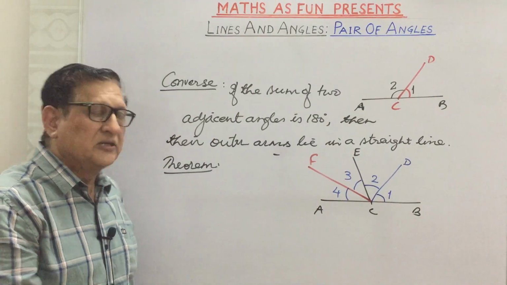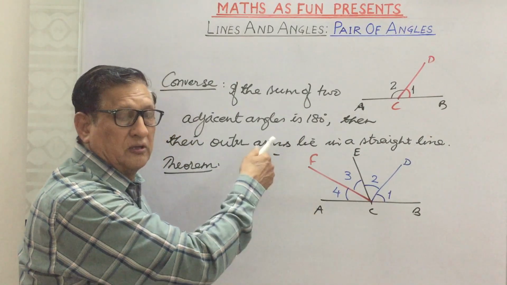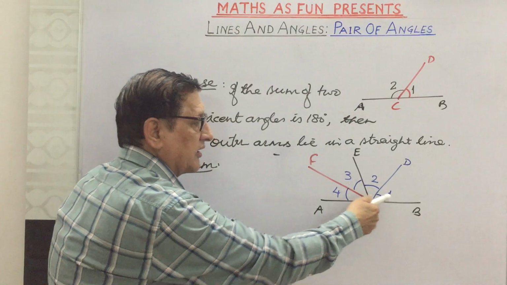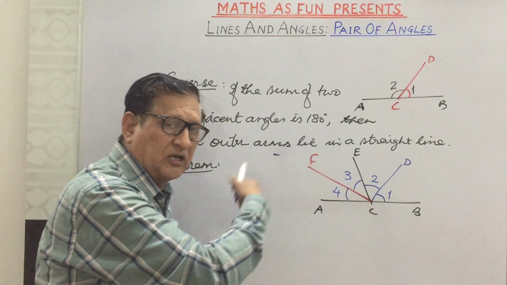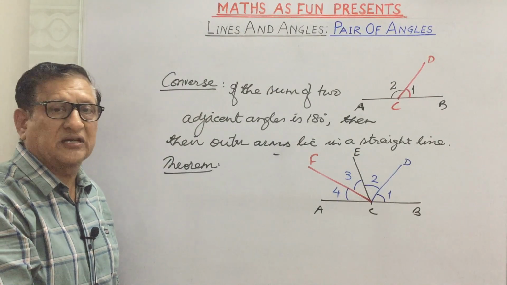It has to be. So we can say that if there are some angles formed on one side of a straight line at a point, then the sum of such angles is 180 degree. So what we can say?